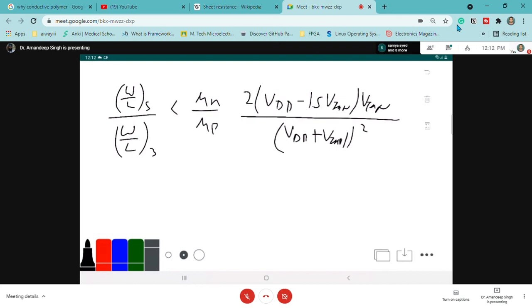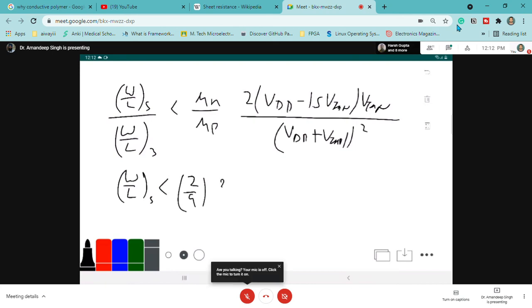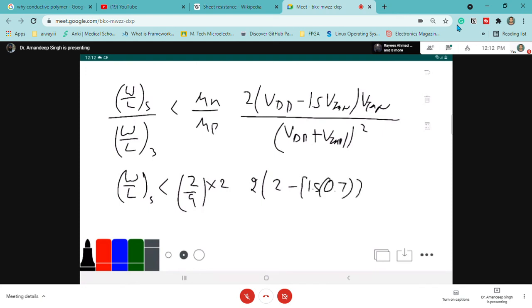So W by L ratio of 5 is less than 2 by 4 into mu n by mu p, which comes out to be 2, that is 96 divided by 48, if we take C oxide as the same. Twice VDD is 2 volt minus 1.5 into 0.7, and this is again 0.7, divided by 2 plus 0.7 whole square.